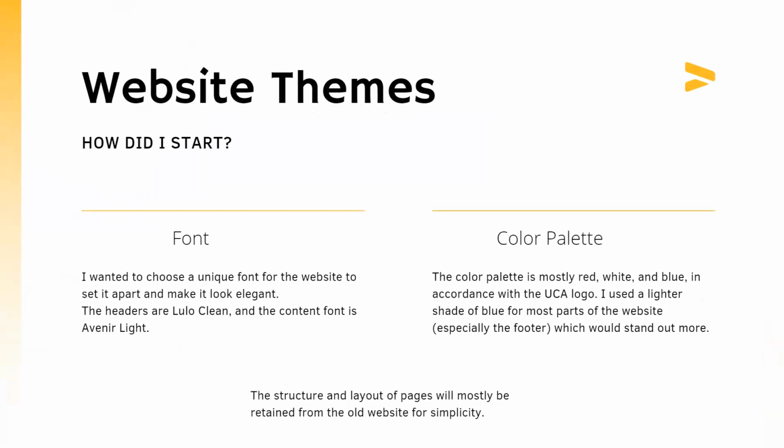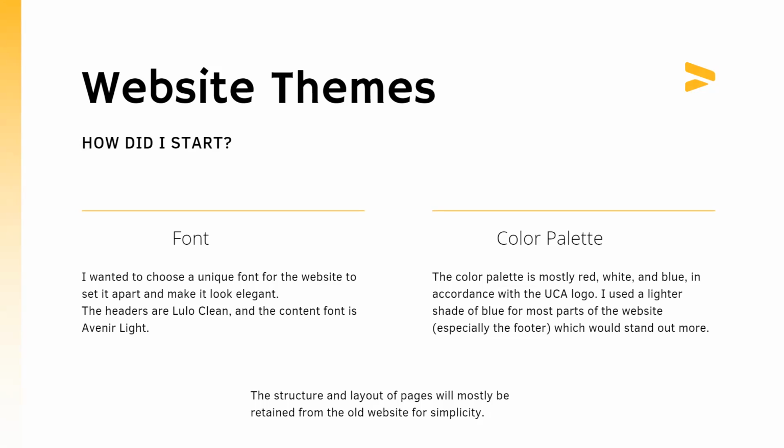So to design the aesthetic and the feel of the website, we considered the themes. For the themes, we thought about the UCA branding and how we could relate to that. For the font, we chose a unique and modern font to make it look more elegant and more streamlined. The headers are in Lulo Clean, and the content font is in Avenir.